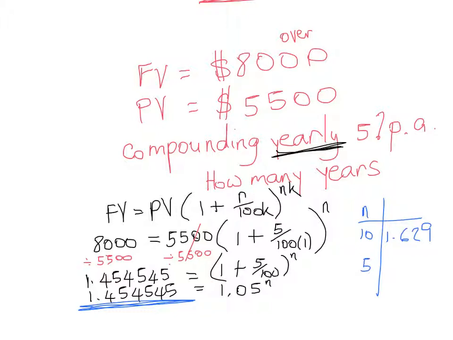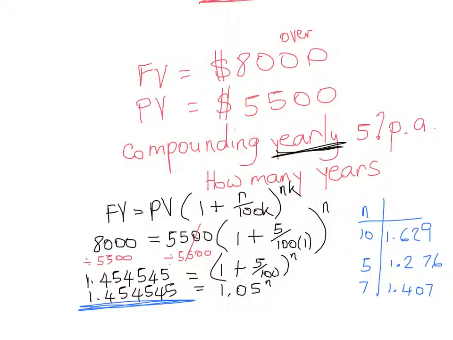So let's split that in half. Let's try n as 5. So 1.05 raised to the 5th power is 1.276. Too small. So we have to go bigger. Let's try 7. 1.05 raised to the 7th power gives us 1.407, getting warmer.